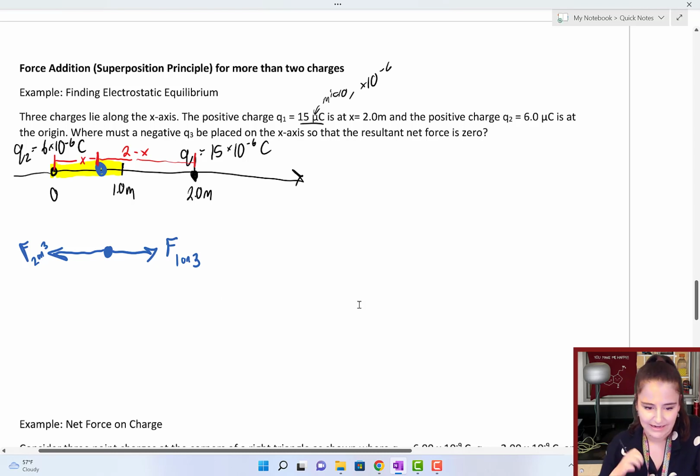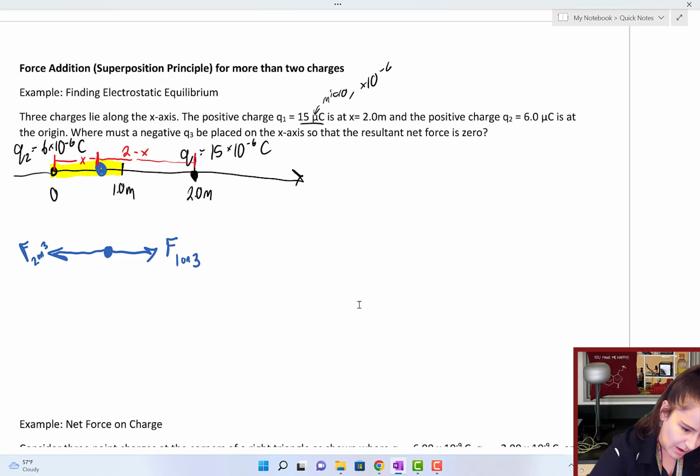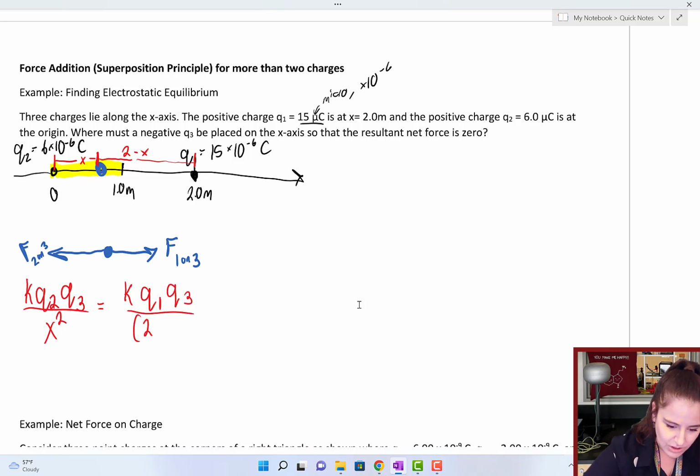Let's go ahead and start setting up our equation. The force of 2 on 3 will be equal to k times Q2 times Q3 over the distance between them, x squared. For the force of 1 on 3, we'll have k times Q1 times Q3 over 2 minus x squared.